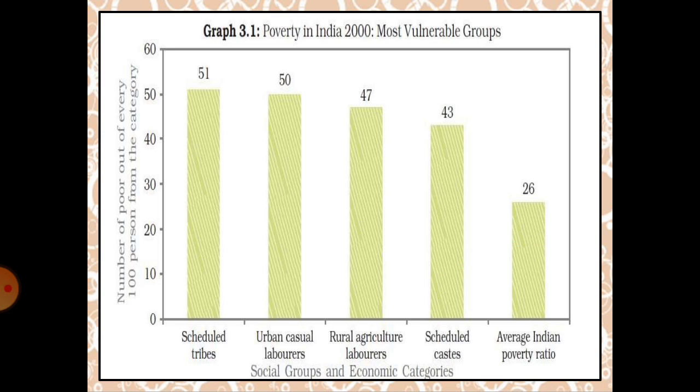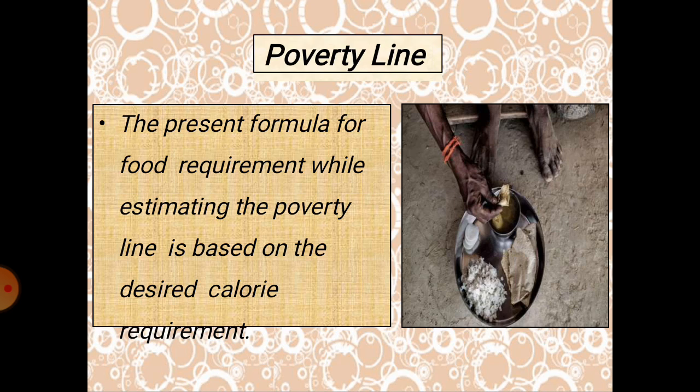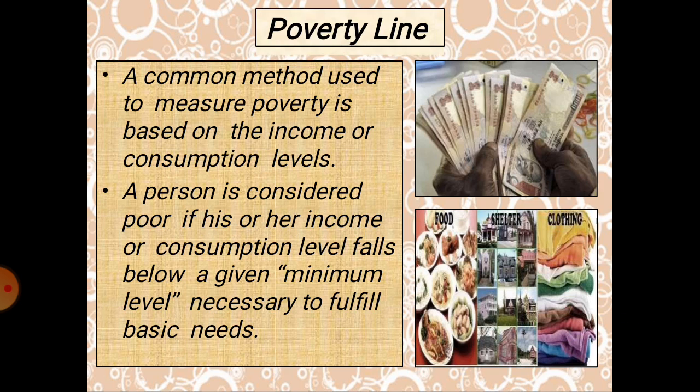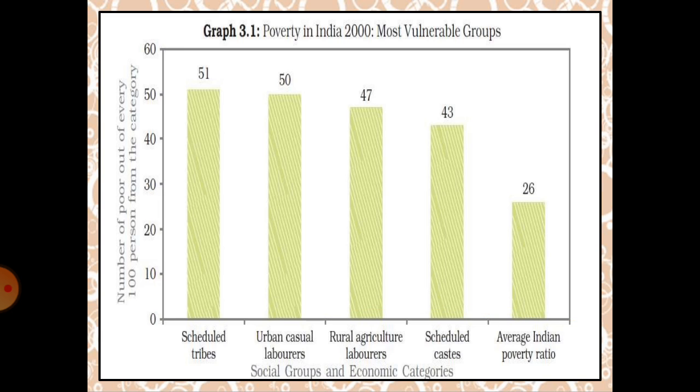Yes, so these things we saw, and now we are going to see poverty in India based on the 2000 census. What are the vulnerable groups? If you see the vulnerable groups, there are scheduled tribes, urban casual laborers, rural agricultural laborers, scheduled castes, and the average Indian ratio.